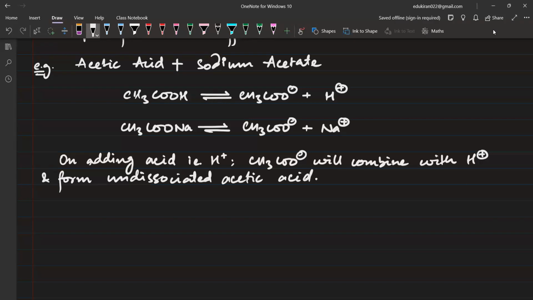Now this undissociated acetic acid will not show its acidic nature until and unless the H positive is dissociated.